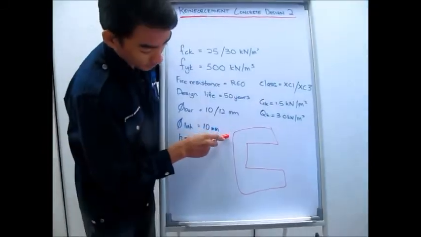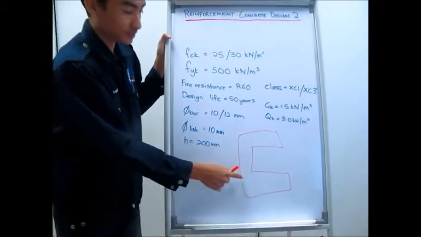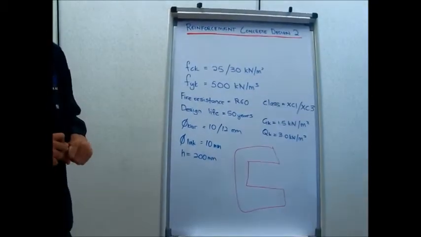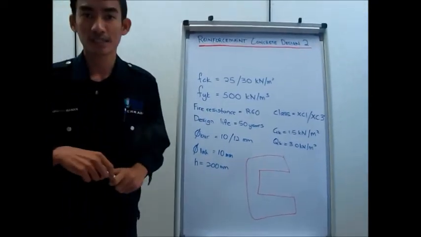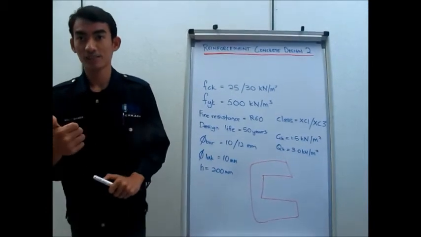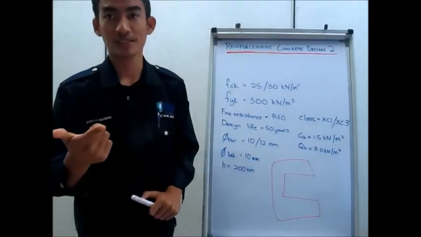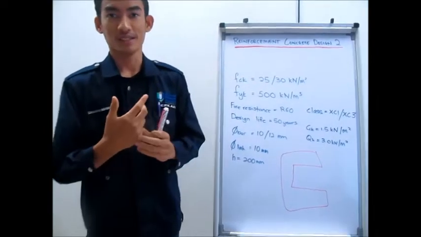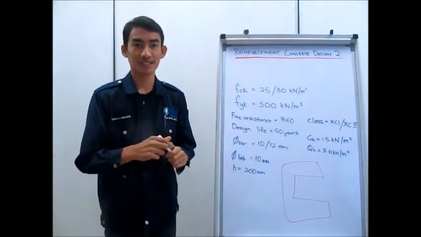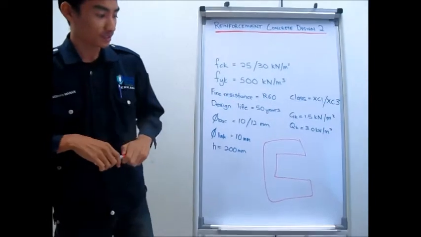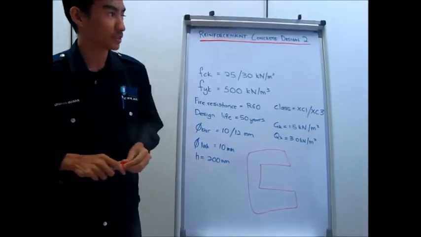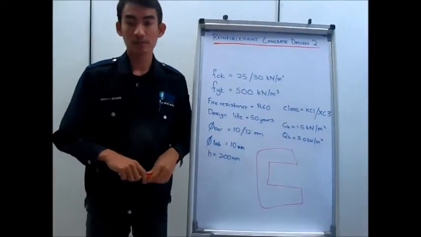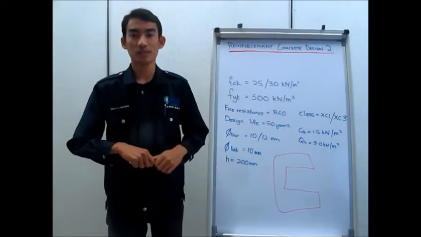The plan view of the building is like this, and we are going to do many types of analysis, which are slab, foundation, column, stair, and beam. Okay, I think that's all for the design brief. So I would like to pass to my partner.